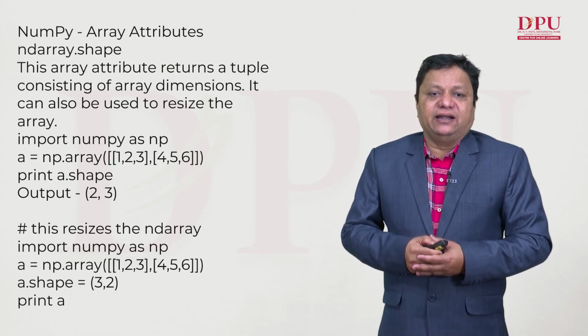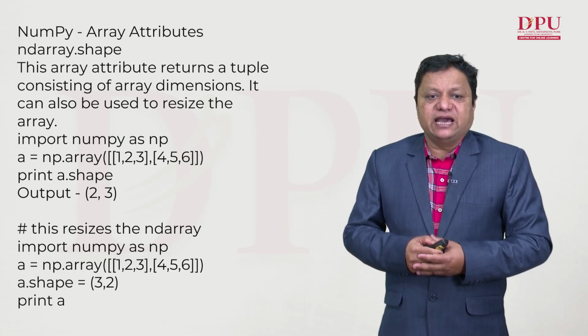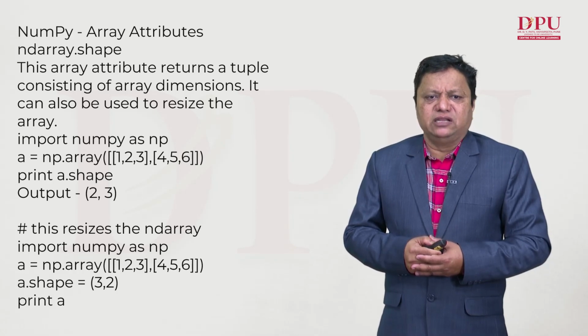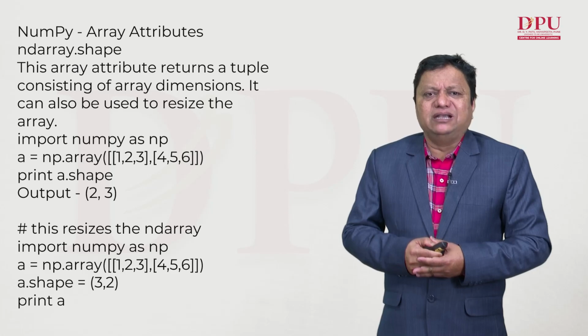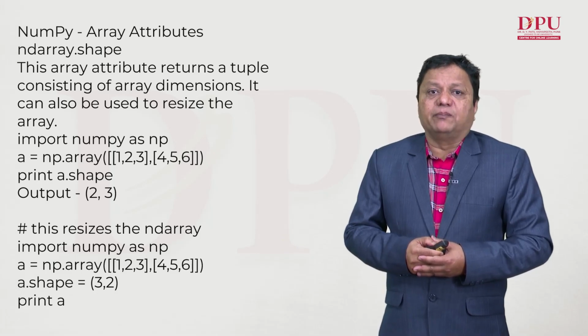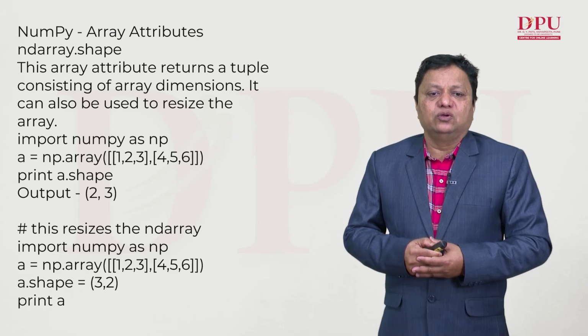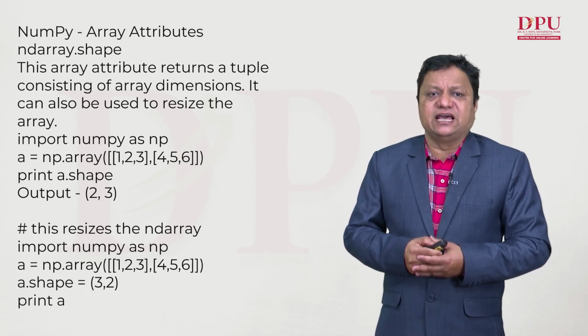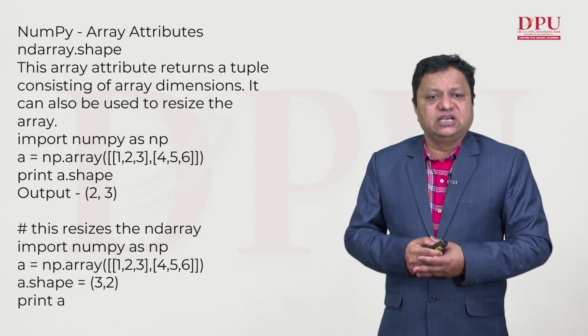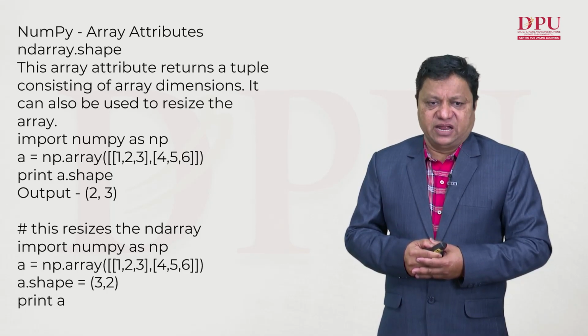Now NumPy array attributes, that is ndarray.shape. NumPy provides multiple attributes. For example, shape. This array attribute returns a tuple consisting of array dimensions, and it can also be used to resize the array. So if you want to resize the array, I can use the shape attribute of NumPy.